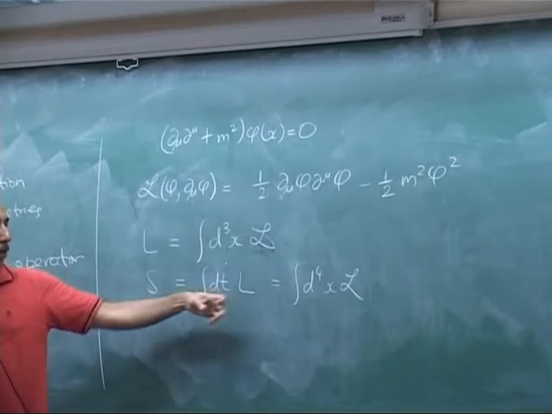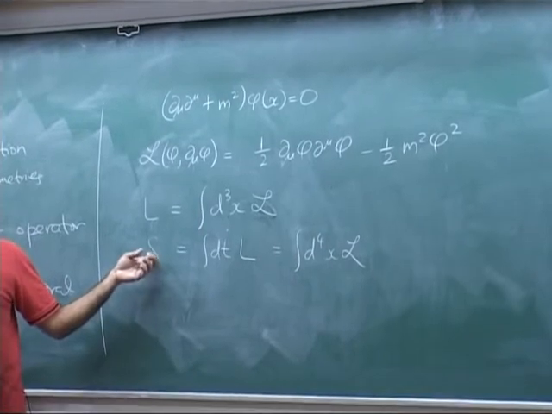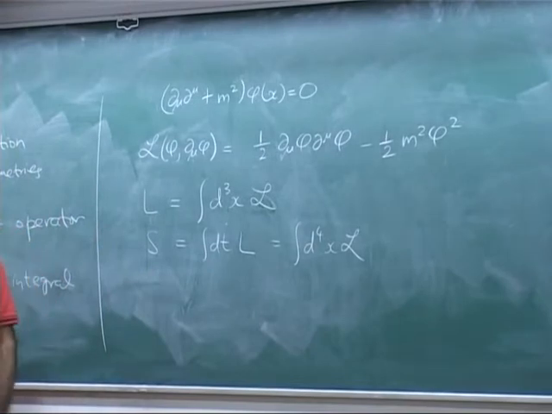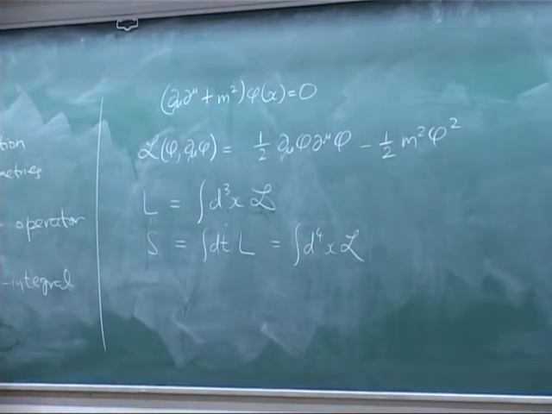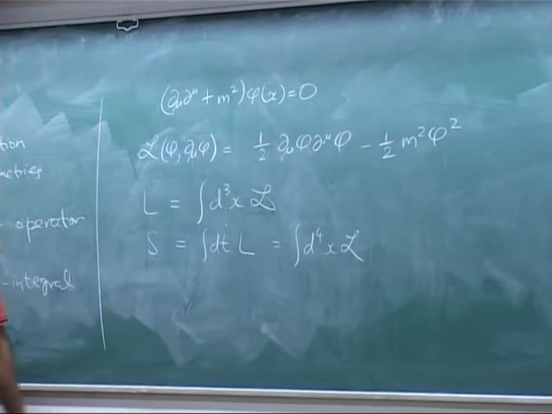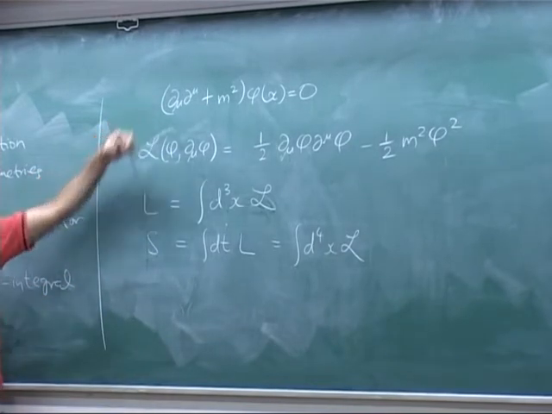And of course, the total Lagrangian integrated in time is by definition the action. Therefore, the action is ∫d⁴x of the Lagrangian density. So far, so good. Now, what is my claim? That this action, by the variational principle, reproduces this equation of motion.